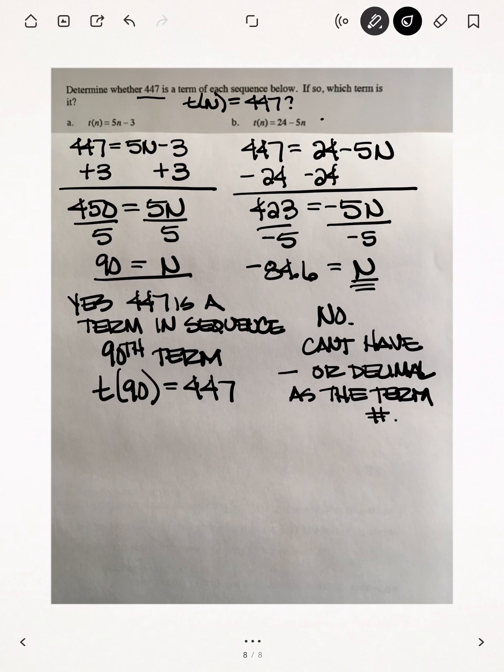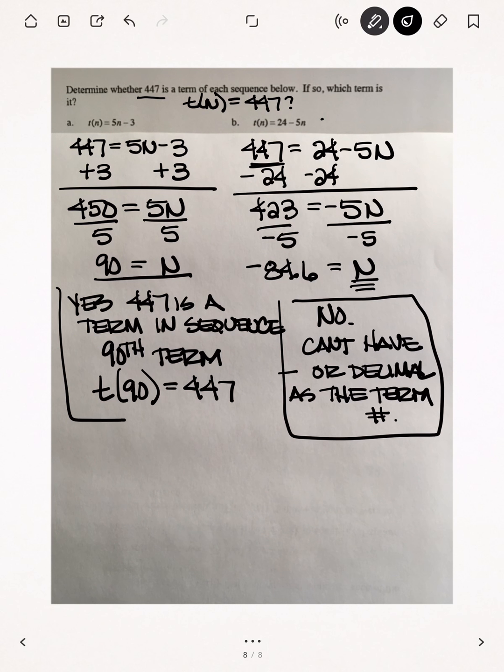So 447 would not be in the sequence. And that's how you do the first 5 problems in your homework. That is all for today.